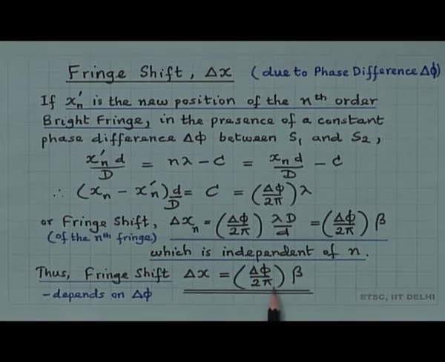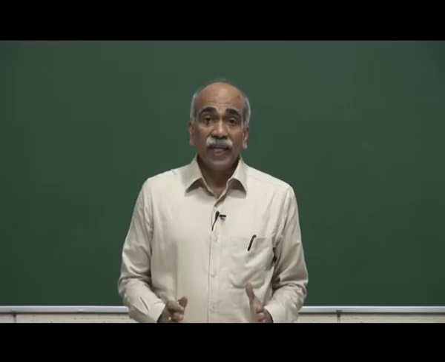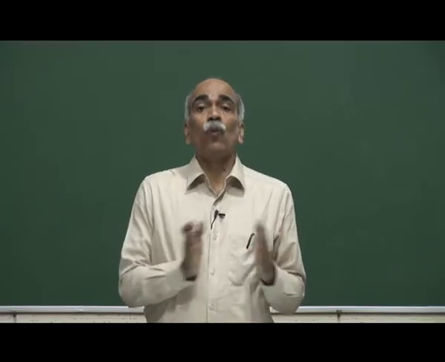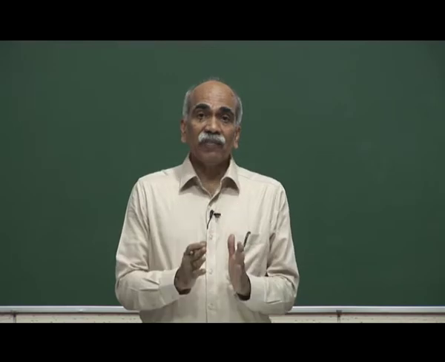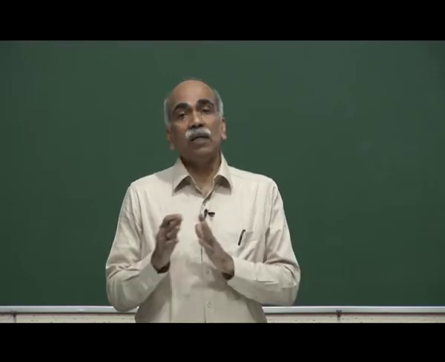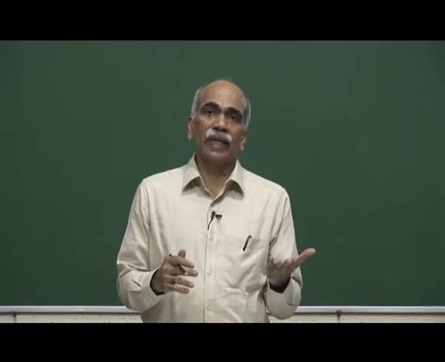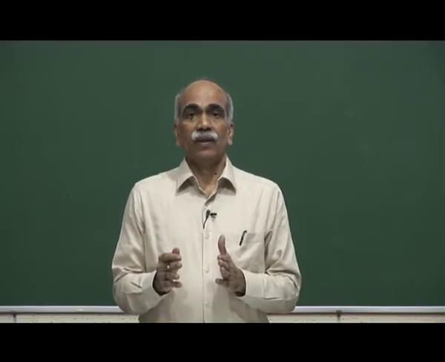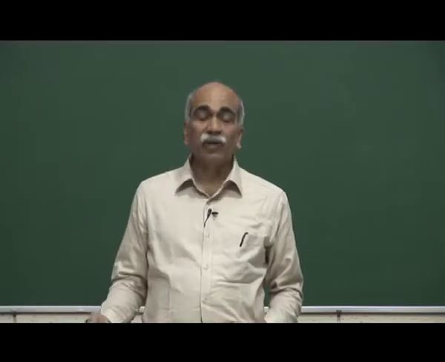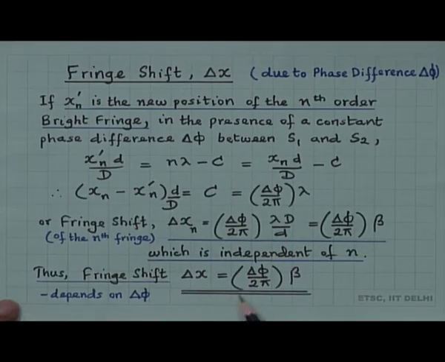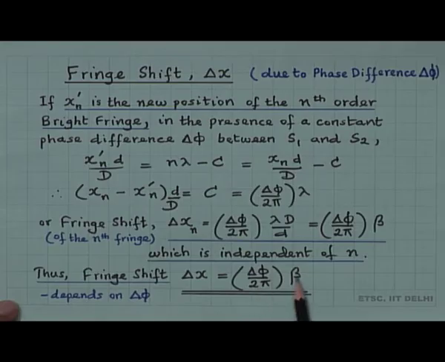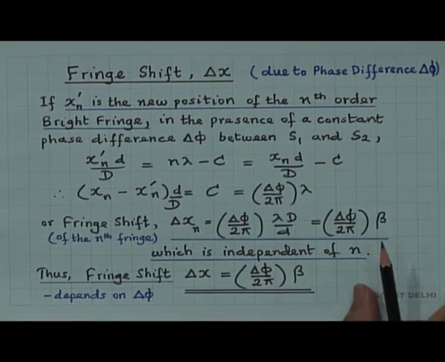For example, if the phase shift delta phi is 2 pi, then delta x is equal to beta, which means the bright fringes would shift by one, that is the nth fringe will take the position of the n plus 1th fringe or n minus 1th fringe, depending on whether it is to that side or this side. So, the fringes would shift by delta x is equal to delta phi by 2 pi into beta.